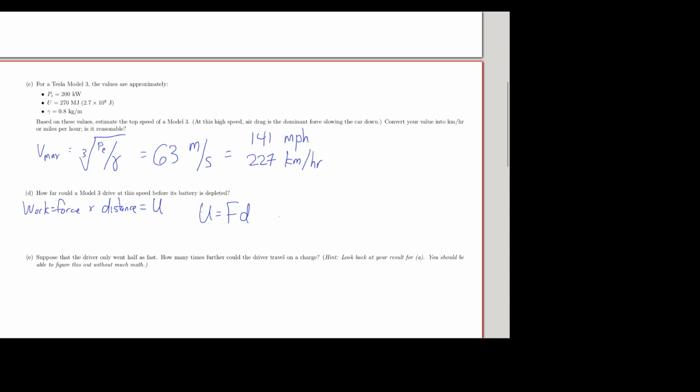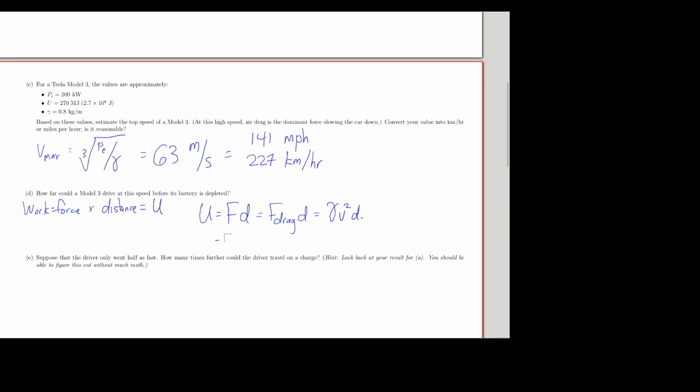And we know that the force applied by the engine is equal and opposite to the drag force. The drag force is thus F drag times d, and we know the drag force is gamma v squared.